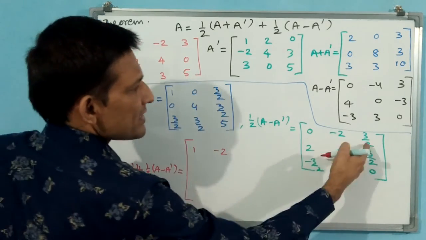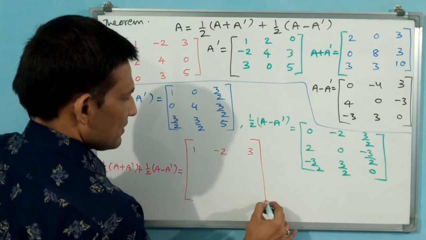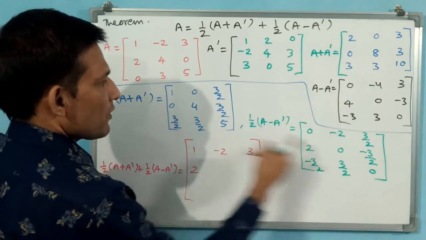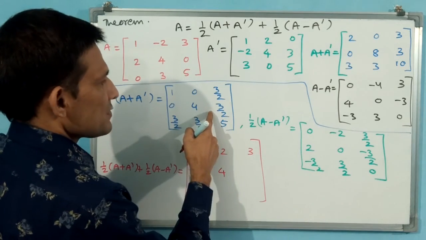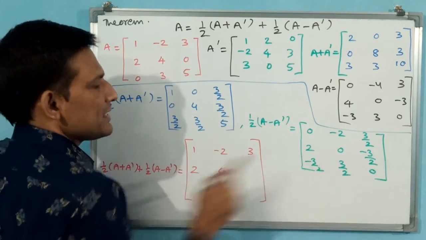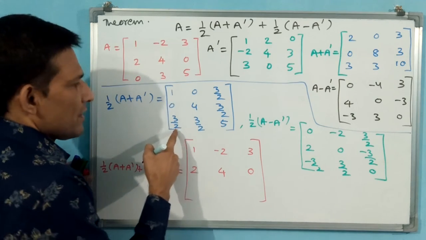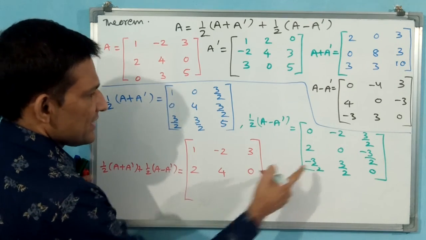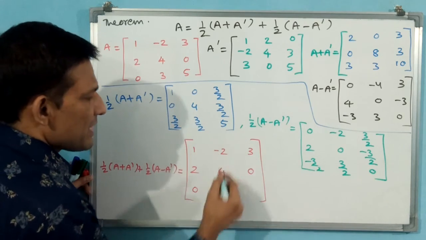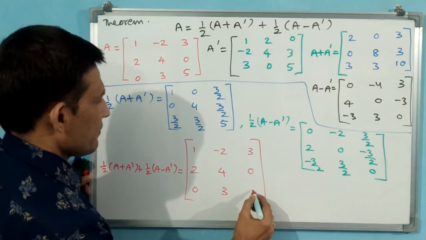You see, 2 is the LCM, 3 plus 3 6, 6 by 2 3. 0 plus 2 2, 4 plus 0 4, 3 by 2 minus 3 by 2. Here addition we are doing, 2 is the LCM but 3 minus 3 is 0. Here also plus 3 minus 3 0. 3 plus 3 6 by 2 3. 5 plus 0 5.